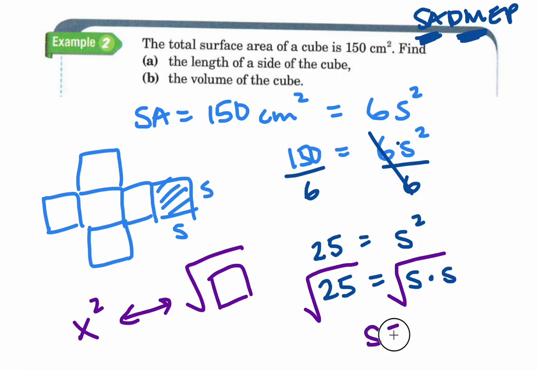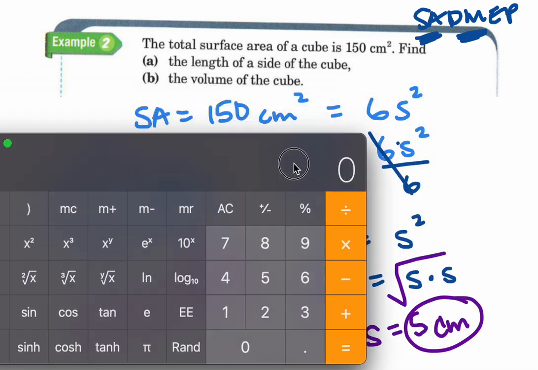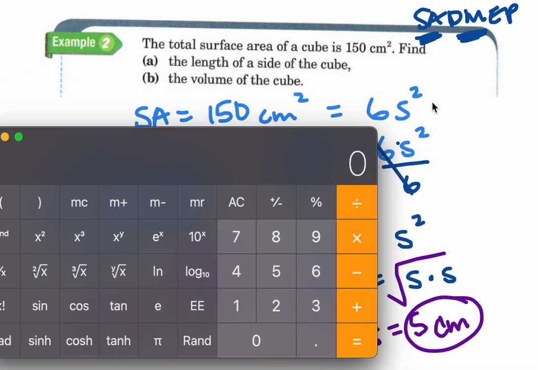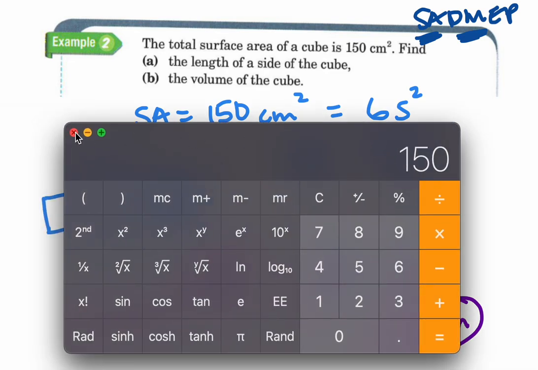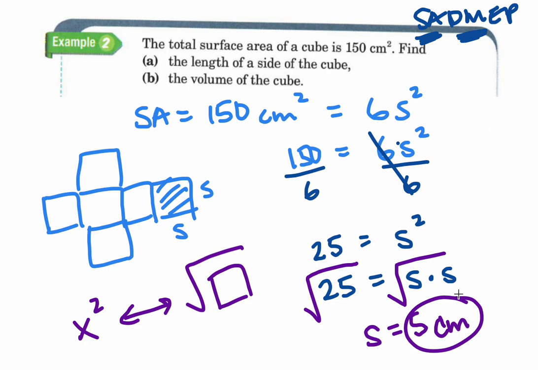So s is equal to the square root of 25, which is 5. And let's check. If s is equal to 5, and this will be centimeters, then this should work. 6 times 5 times 5 should give me 150. Okay, so each side is equal to 5 centimeters.